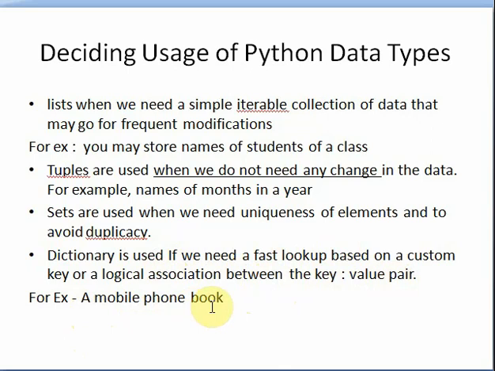Students note it that when you have to store two associated value pair, means roll number and the name of that student having that roll number. Second example, a person name and his mobile number, and so on. In that case, use dictionary.